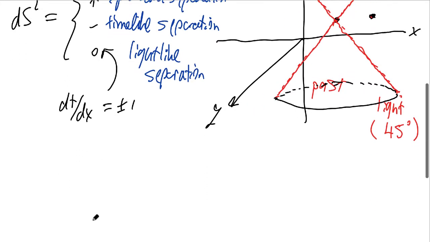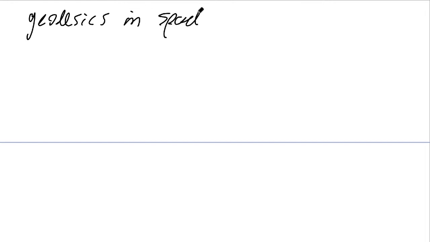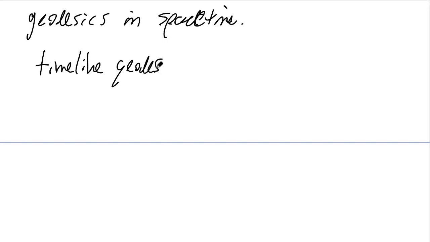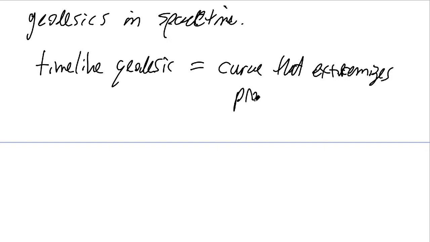Now let's turn our attention to geodesics in space-time. A timelike geodesic is a curve in space-time that extremizes the proper time between events. Let me remind you that when we have two nearby events that are timelike separated, then ds squared is negative.